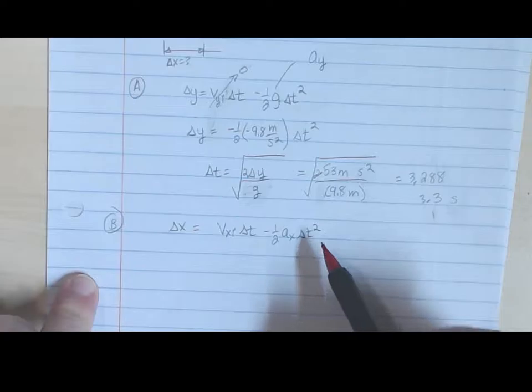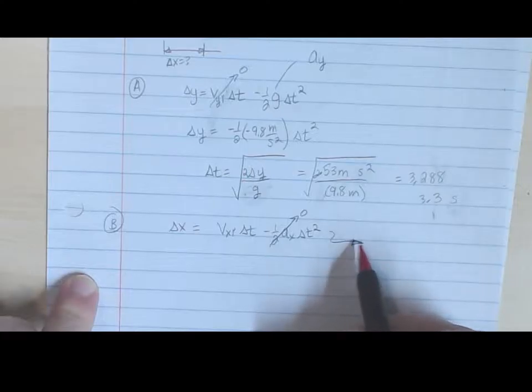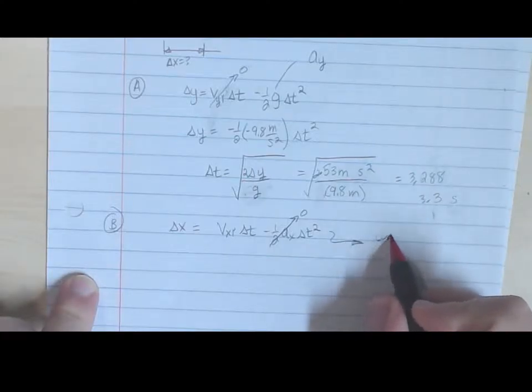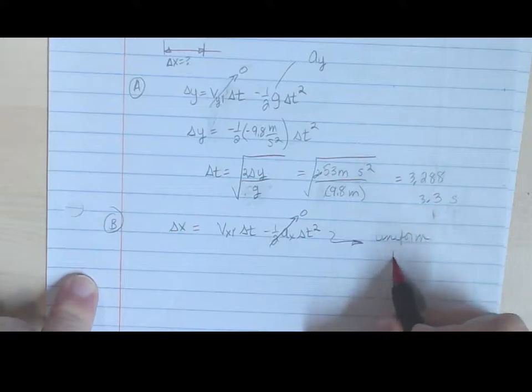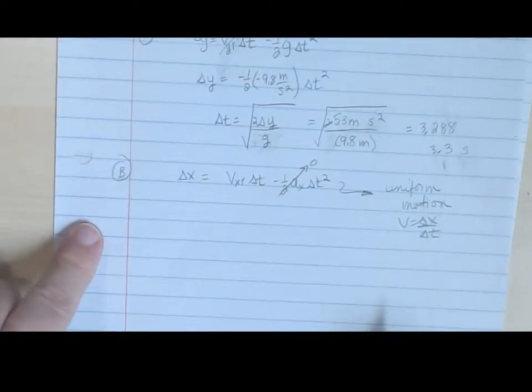Now this time, as before, I know this term goes to 0 because I have no acceleration. So again, if you recall, this is uniform motion, so I could have just gone straight to the simple v equals delta x over delta t equation and solved accordingly.